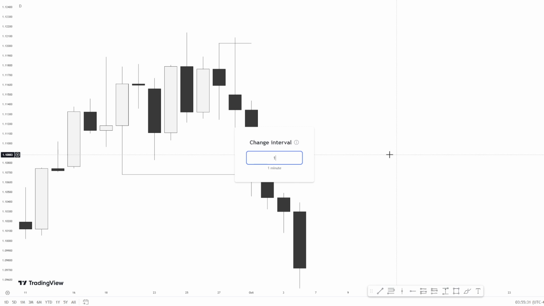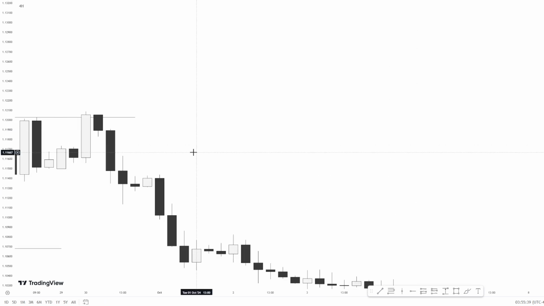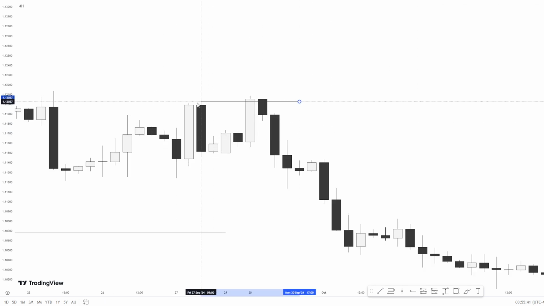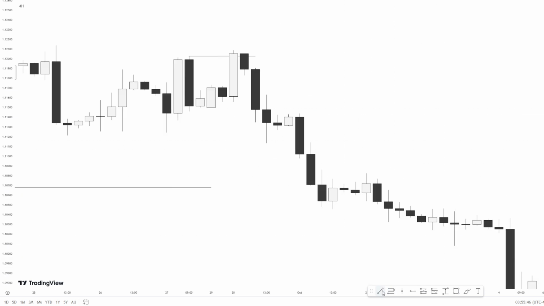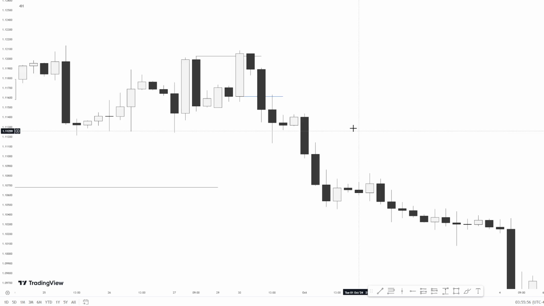So going into Tuesday, start with 4 hour first. Going into Tuesday, you can see after we engaged a relevant level, because remember, I'm always asking myself, where is my setup going to form? Is it going to form at opposing close candles, or is it going to form at highs or lows?